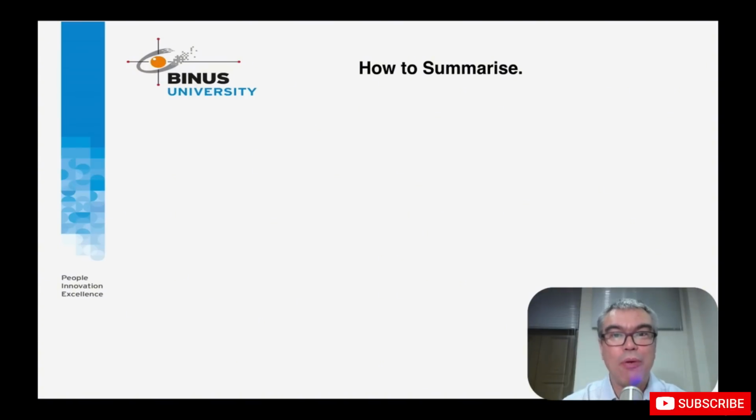So step number one is that you need to read and understand the original text. So as you are reading, you need to think about the writer's main point and purpose that they are trying to make in the text.